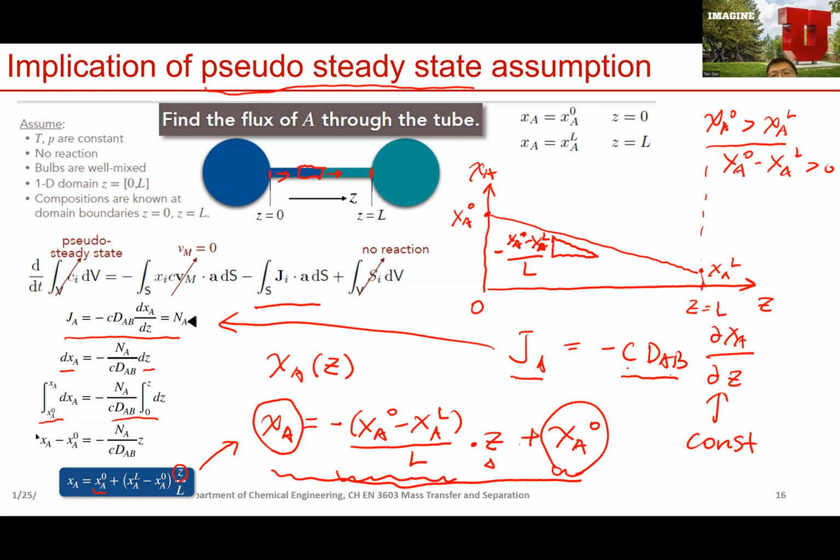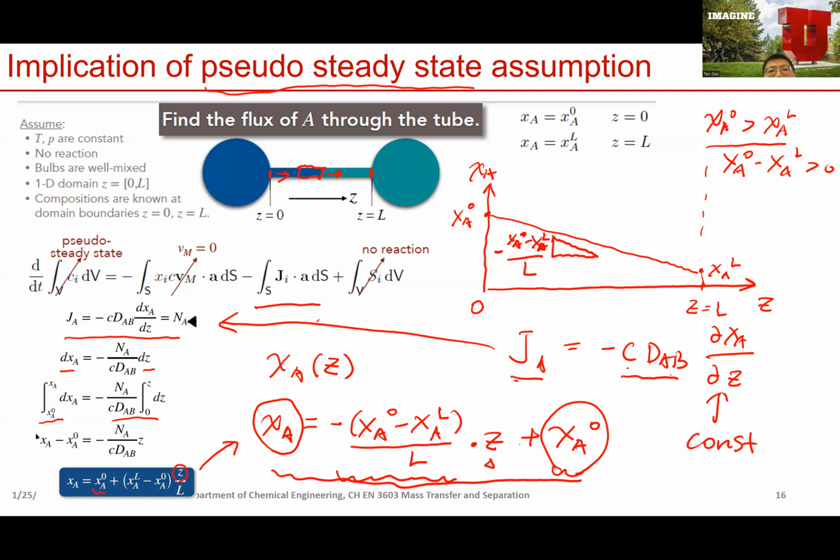Because J_A is constant throughout the tube. That means nothing is left in the control volume; the concentration of A does not go up or down. So it's a constant, right? That is consistent with our pseudo-steady state assumption, right?